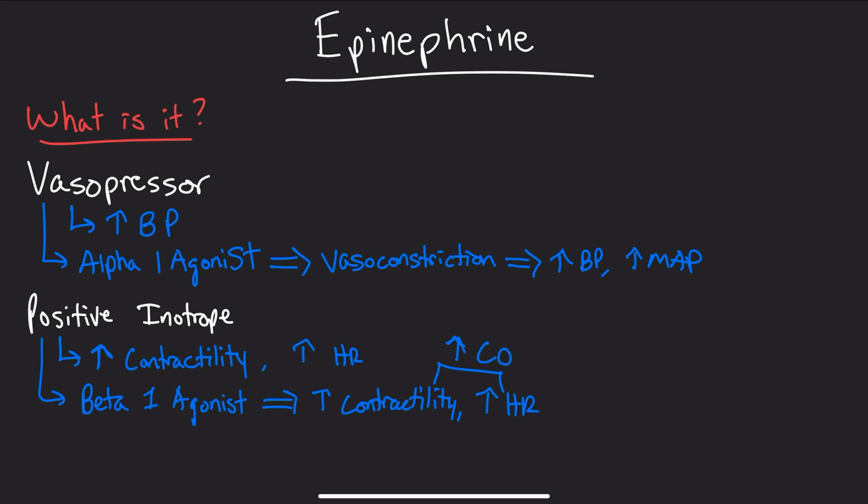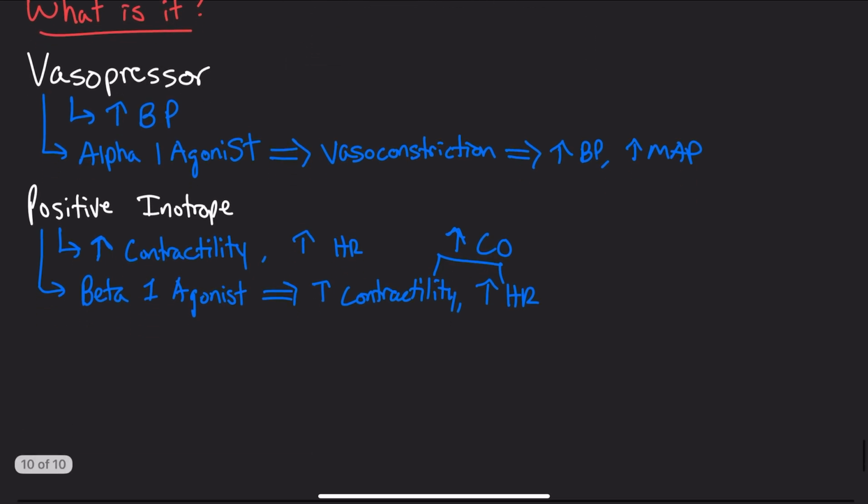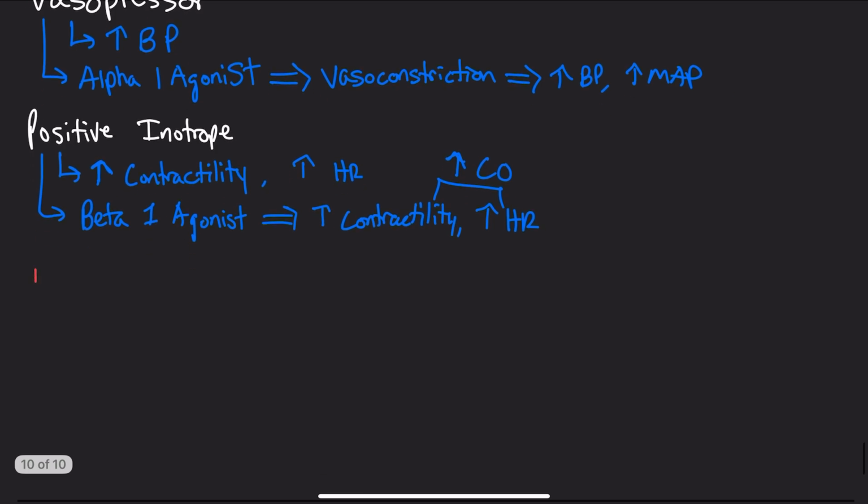It also has some other functions, like in anaphylaxis, but for the ICU, these will be your two main indications, or why you're using it. Speaking of that, let's list out indications.